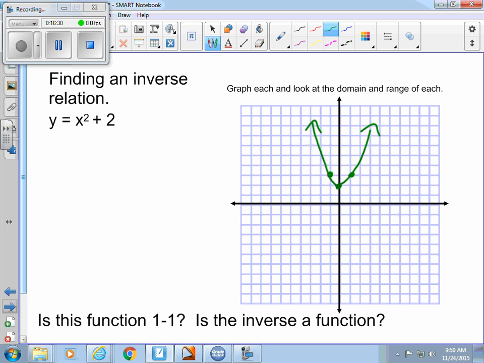So what does that mean for the inverse? The inverse is not a function, right?